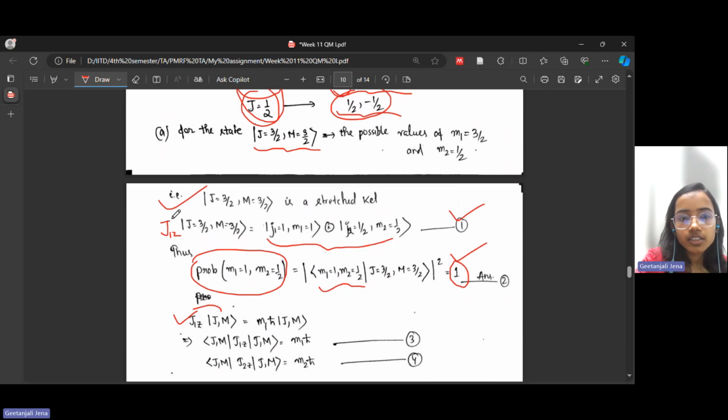J1Z will act on M1, and it will act as an identity operator on the other state. So that means it will give M1 h-bar.